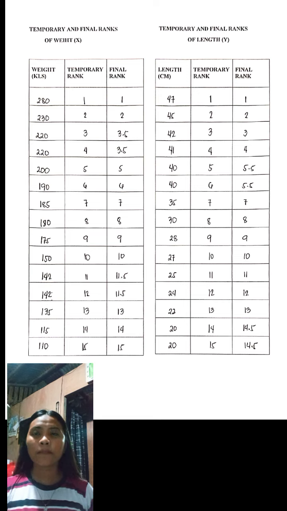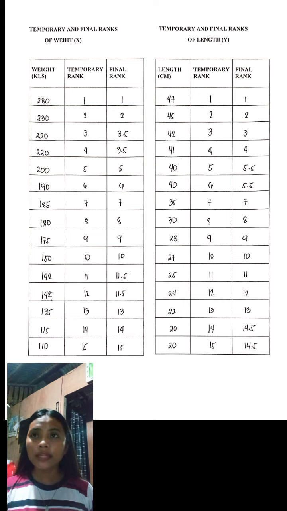The next one is the temporary rank, and the next column is the final rank. In temporary rank, we are just going to put 1 up to 15. So that is the number of our watermelons.